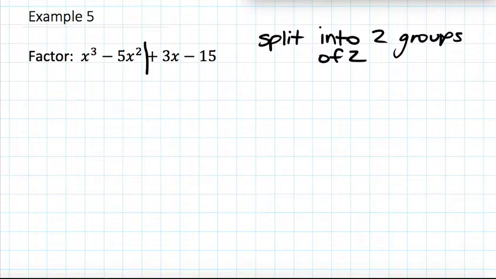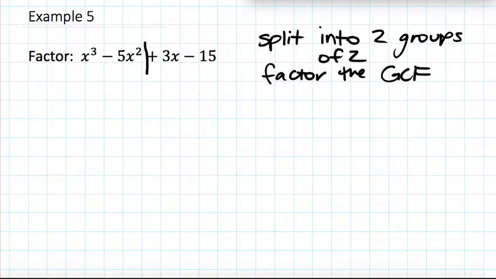And then you're going to factor the GCF out of just the first pair. Looking at the first pair, I see that they have an x squared in common. So I can take that out, smallest power on the x's, no numbers in common. And then that's going to leave me with x minus 5.